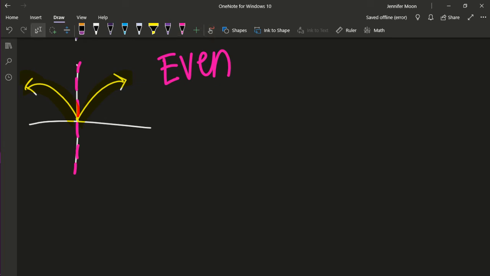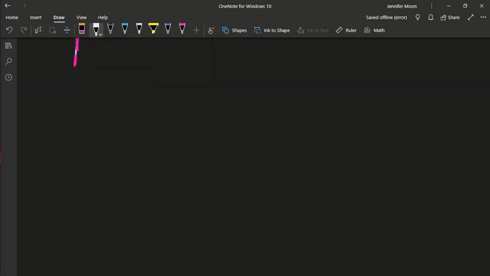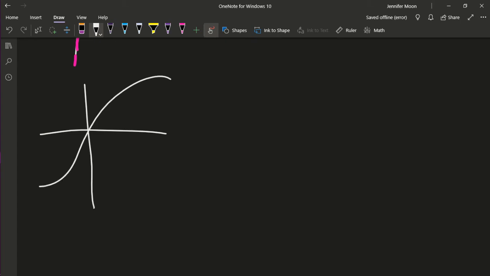Okay, and then let's do this one right here. Say we have a function that looks like this, and we need to know if it's neither, odd, or even. Well, if I fold it about the y-axis, that's actually going to bring this over here. So no, it's not even, because that didn't work out.